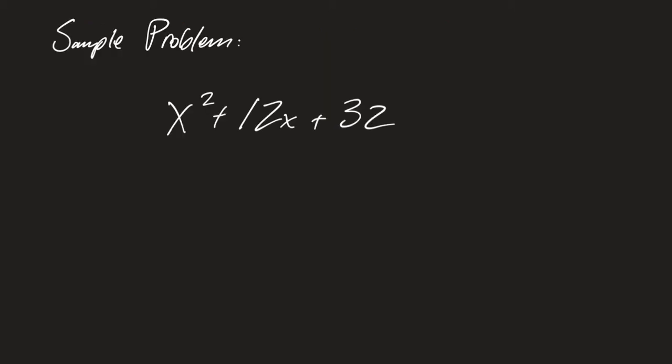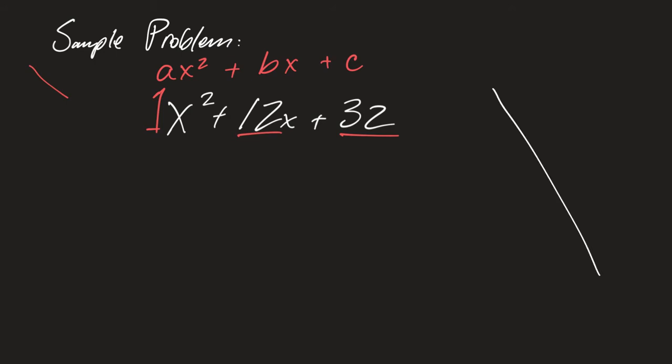So here's our first sample problem, x squared plus 12x plus 32. In the standard form of a quadratic trinomial, a is 1, b is 12, and c is 32. I'm going to write an x to organize our information. Above the x, in the top portion, I have a times c.